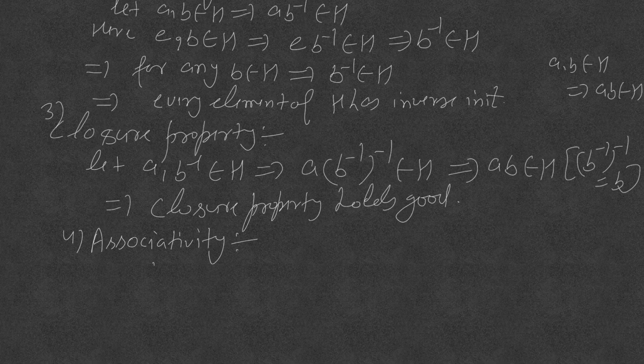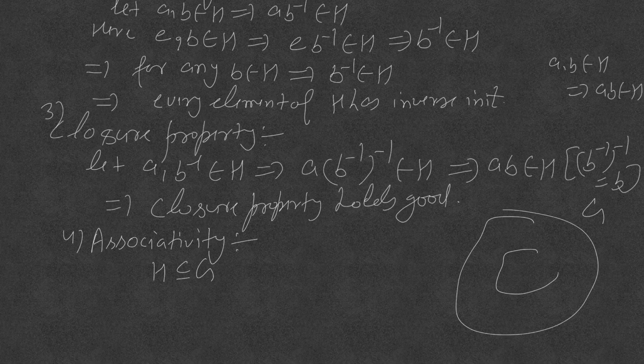Since we know that H is a subset of G, if G is a larger group, then H is a smaller set. So every element of G is satisfying associativity. Associativity means (AB)C is equal to A(BC).